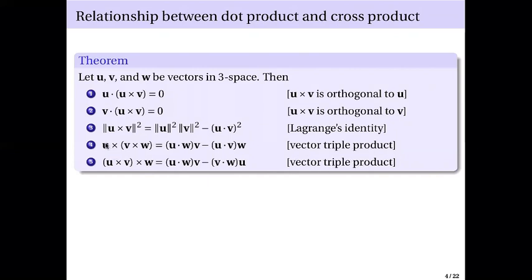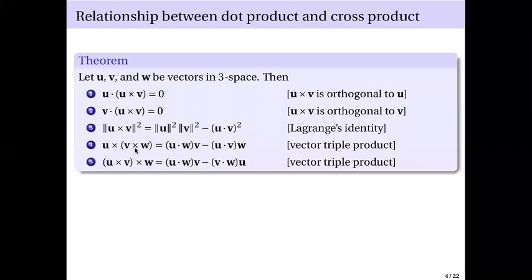You see U cross V cross W, which is equal to the following: U dot W times V, a scalar times the vector V, minus U dot V times W. Again, U dot V is a scalar, and multiplied to W it's a vector. So this is a vector, this is also a vector, and combined they give a vector.